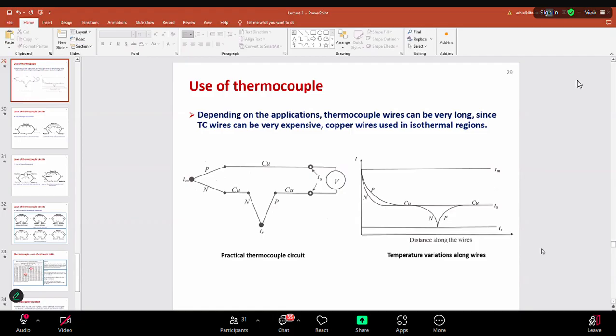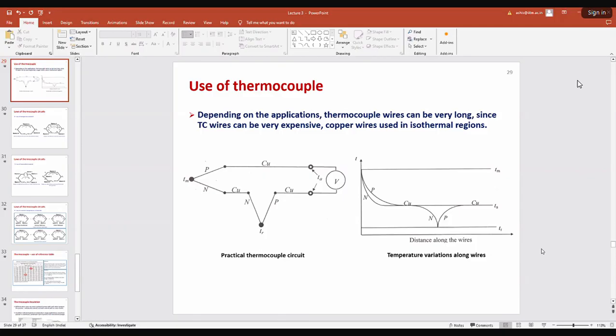TA would be... yeah, your TR, you have to make sure the TR is fixed. It is not changing. But TA, where will TA be measured? It will be internal to the instrument only. TA is not important really. I just mentioned here, you are not really measuring temperature TA here.